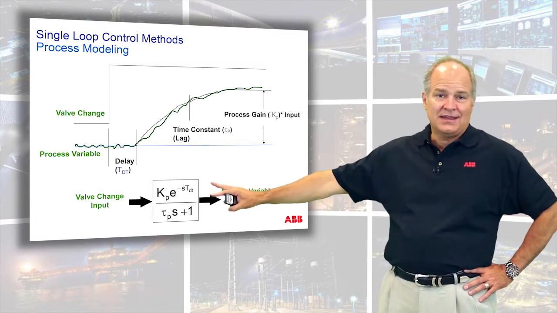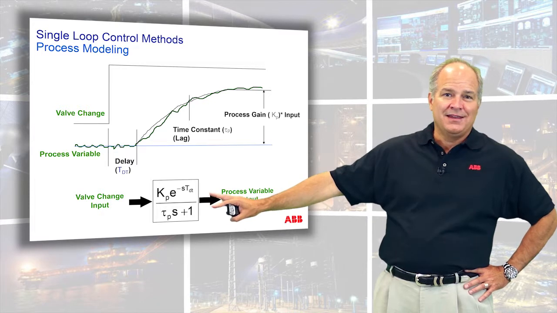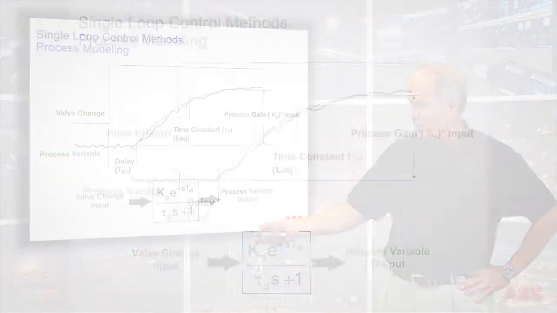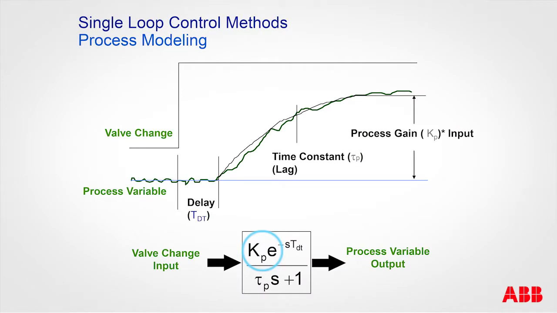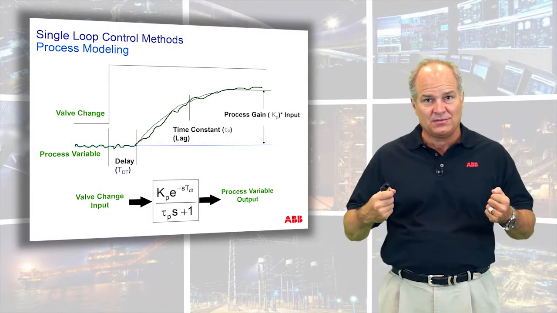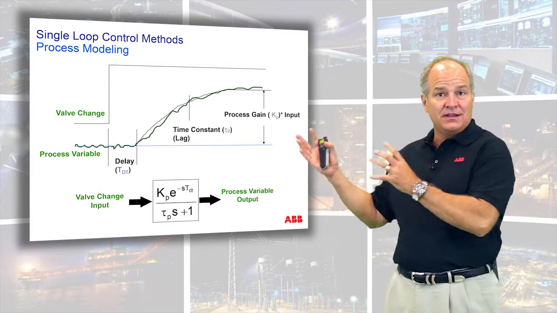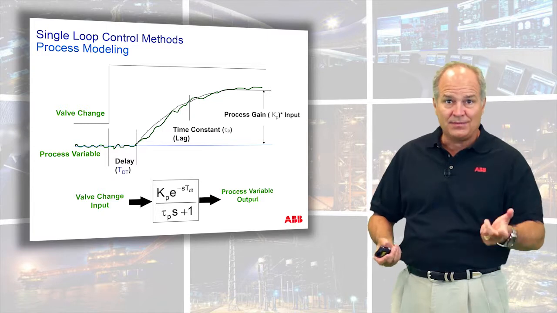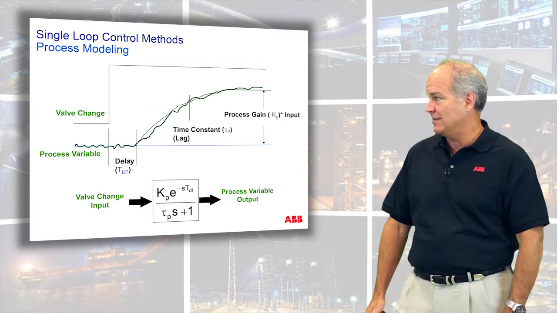You don't need to understand the S domain or the Laplace domain, but if you see this representation, whatever they have up here is your dead time, whatever you have here is your process gain, and whatever you have down here is your time constant. That's the only reason I'm showing you that, because some of the manufacturers show their internal model control or their lead lag compensator in this format and say this is what the model is. There's just still 3 parameters: gain, dead time, time constant.